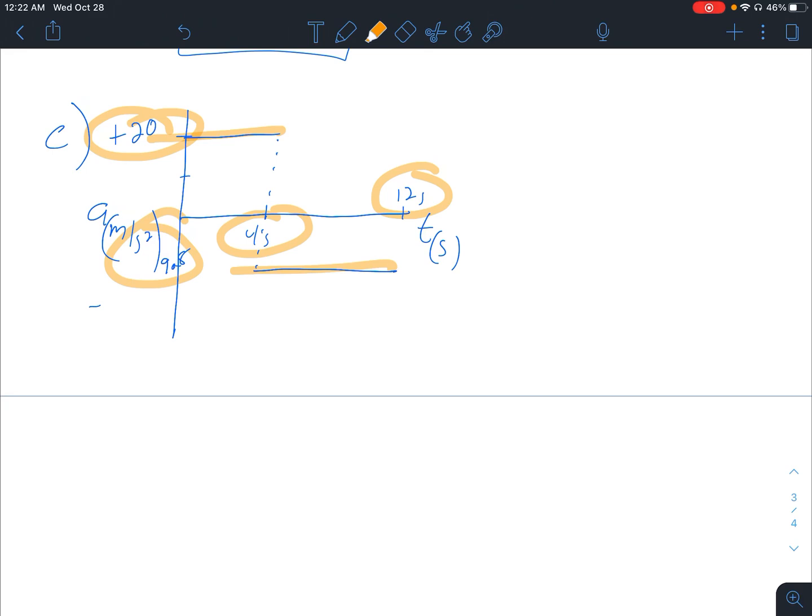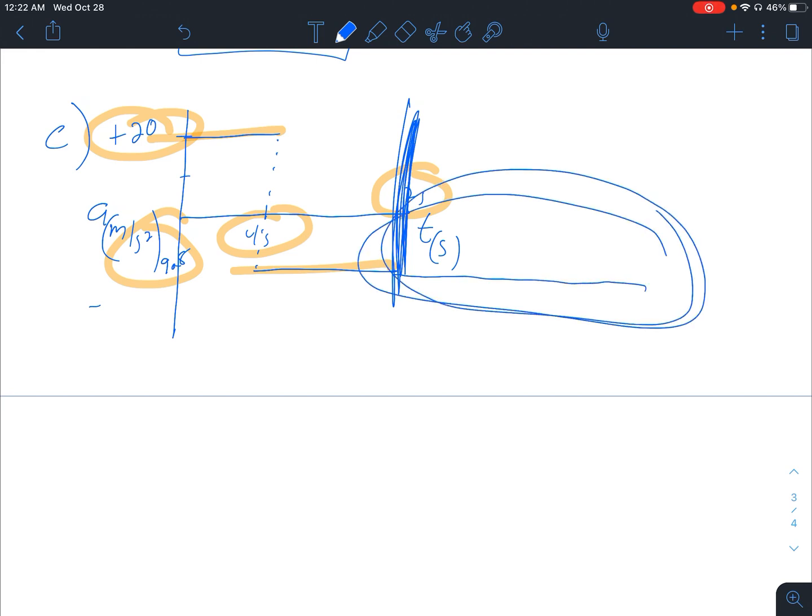It just says show a graph for the motion of the rocket. And we know the rocket's going to go up and then come back down, which is kind of a mean trick. They were expecting you not to just look at the upward stage, but to figure out how long it is going to take to come back down. I didn't necessarily worry about that. If you did that, great.